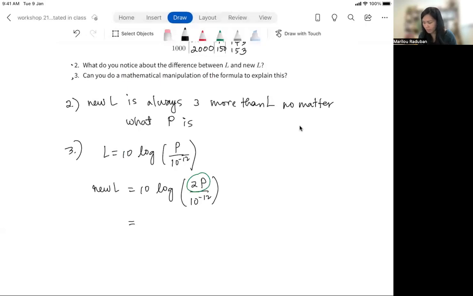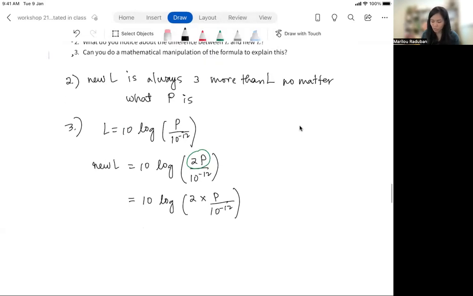we can write this as 10 log 2P divided by 10 to the negative 12. I can write that as 2 times P divided by 10 to the negative 12.